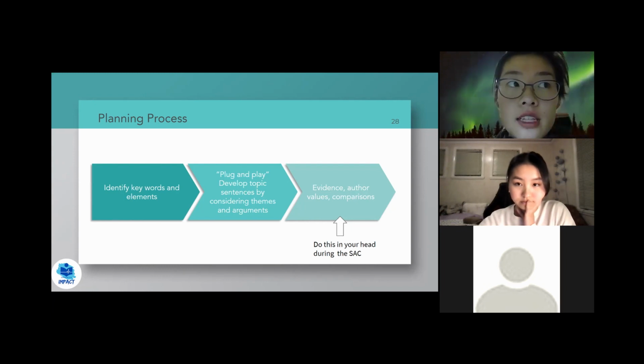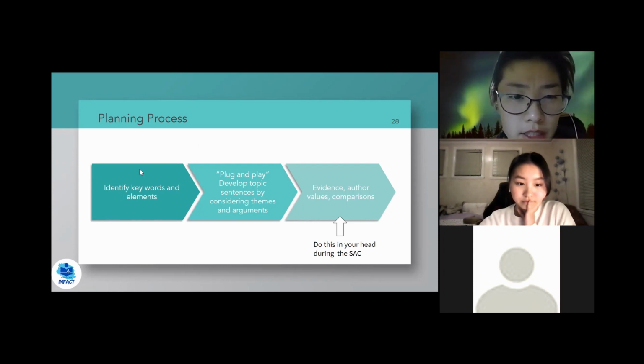That requires a depth of understanding of the authors' values from both texts in order to compare them. I hope that is clear as a summary for the planning process.